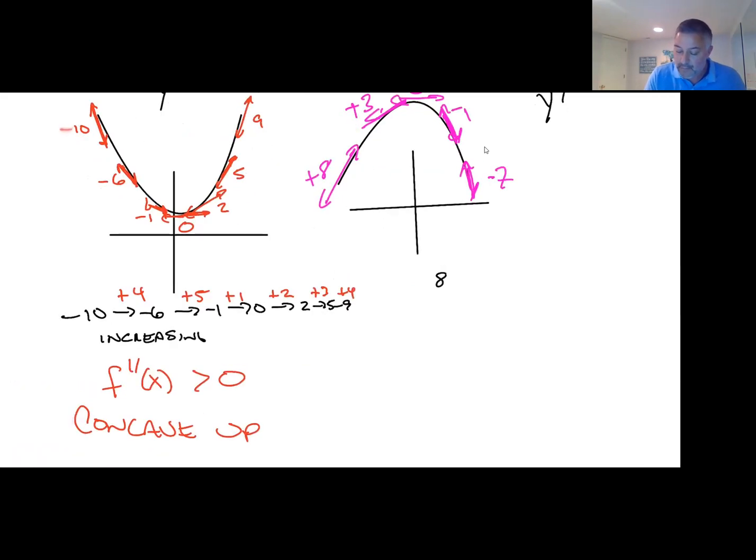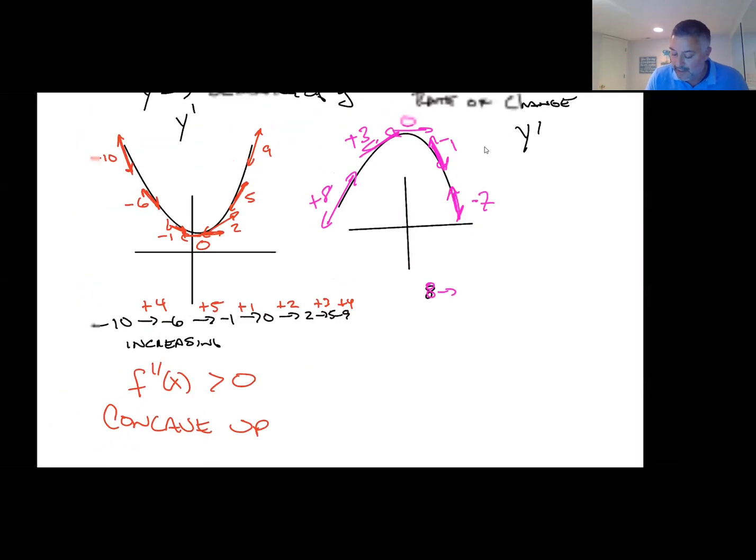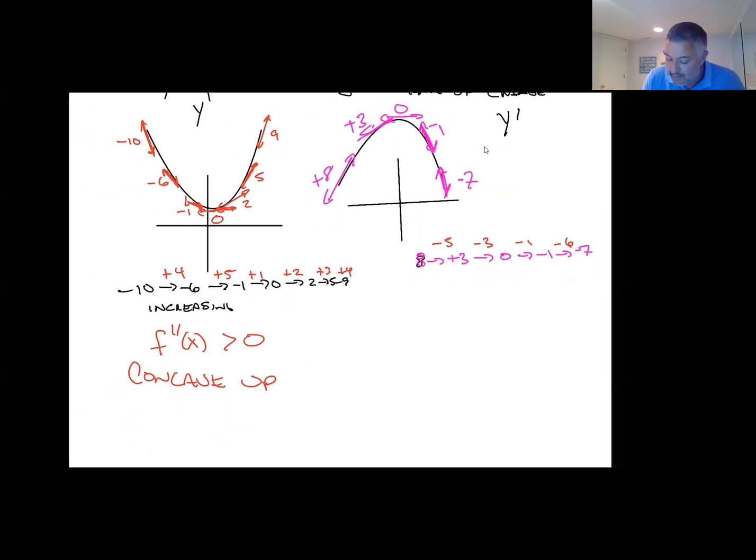Okay, so I'm going from positive 8 to positive 3 to 0 to negative 1 to negative 7. And if we look at that, I have lost 5. My rate of change is negative 3. The rate of change is negative 1. It's negative 6. It's always negative, right? So my f double prime of x is less than 0 will always give us this shape, which is concave down.